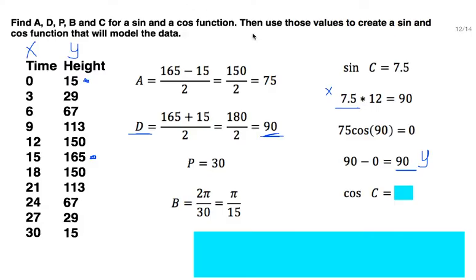All right, so for my cosine function, my c value is just going to be 15.